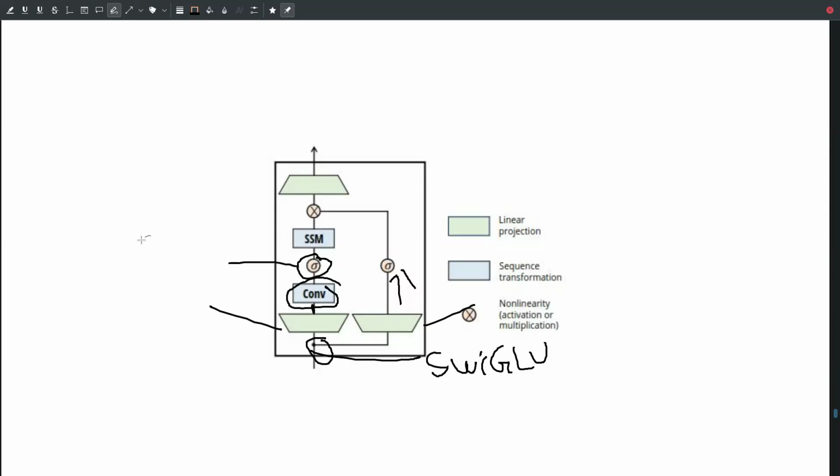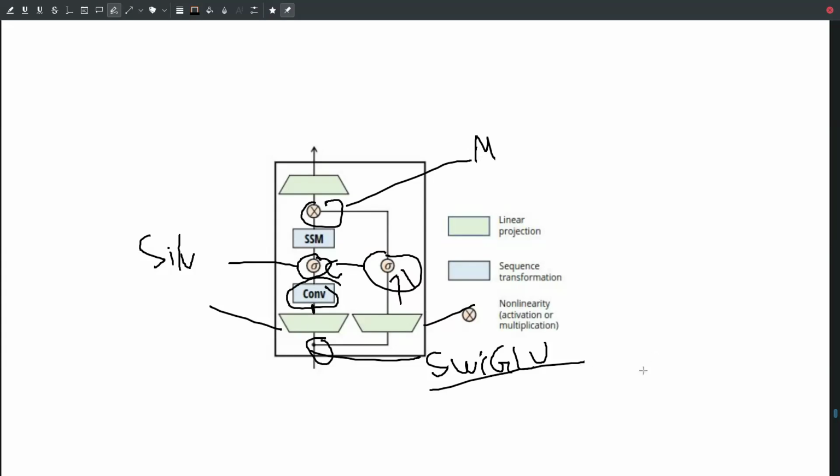The nonlinearity here is SiLU, and here too SiLU, and you apply the SSM block, and you multiply it, a Hadamard multiplication. If you're applying gated linear unit activation functions, you don't need to multiply it manually; but if you're using SiLU and everything, you have to do it manually.